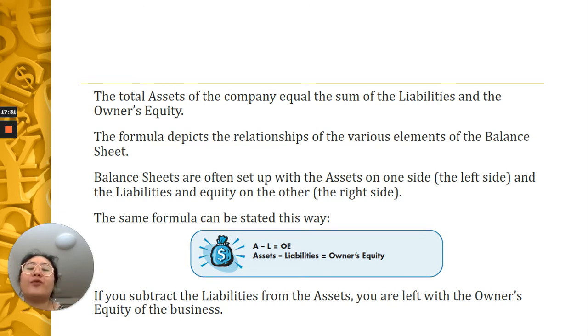If you change the sign from A = L + OE, L becomes minus: A - L = OE. Assets minus liability equal owner equity. If you subtract the liability from the asset, you will get the owner equity of the business.